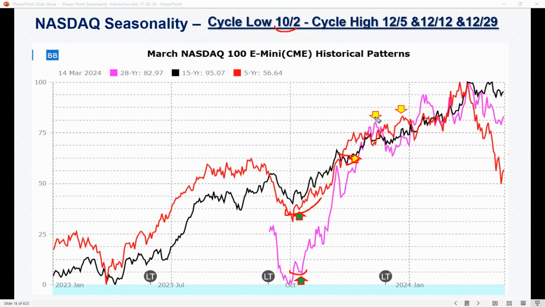Then we tend to get a seasonal high around the 5th and the 12th, and then another run to the upside into Christmas. These seasonal patterns are based on supply and demand functions of the market. You can piece it all together based on fundamentals, but that shows up in these seasonality statistics and patterns.